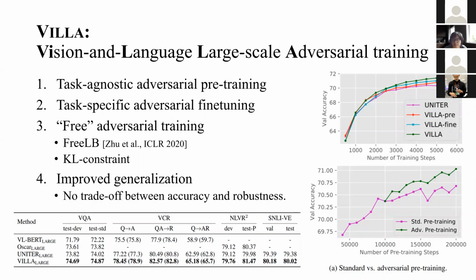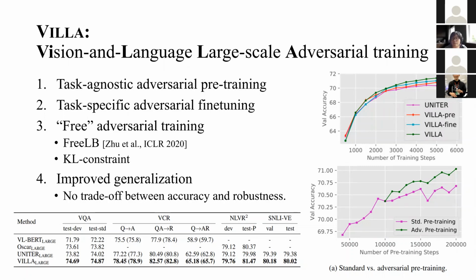For the adversarial training stage, we utilize FreeLB, a PGD-based adversarial training method that previously achieved state-of-the-art on NLP, and apply additional KL divergence constraints to further improve the performance.